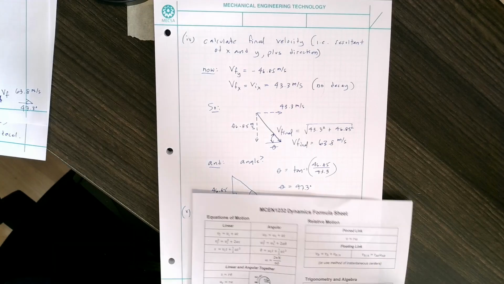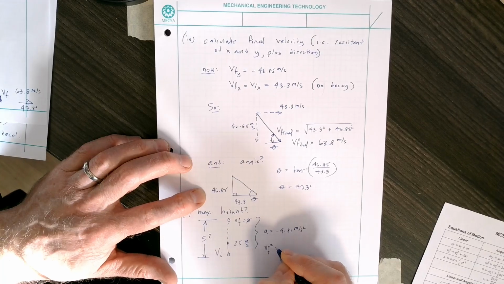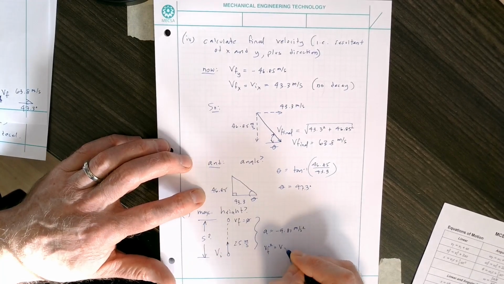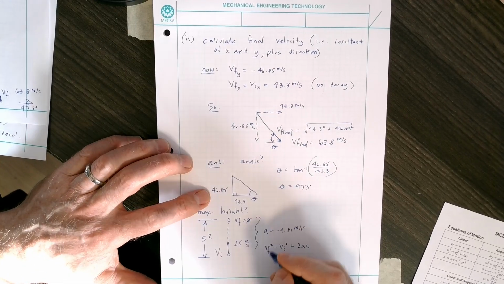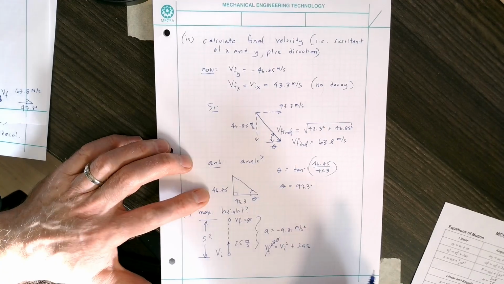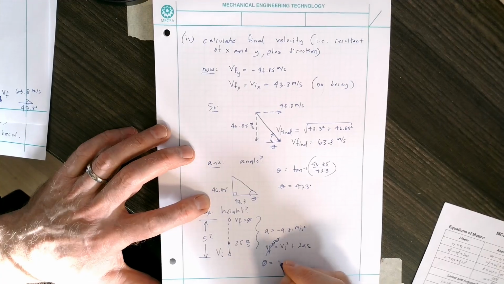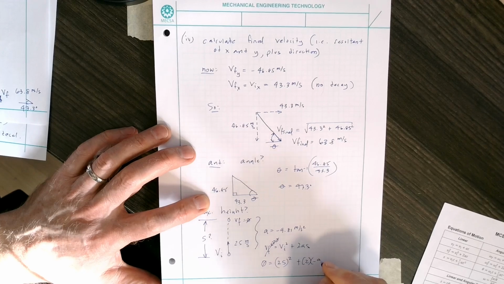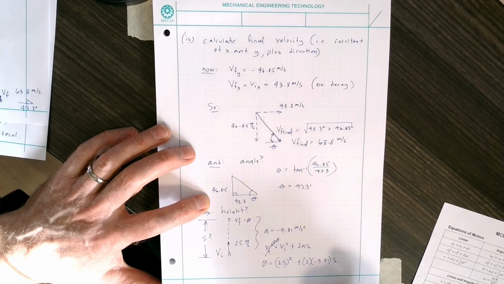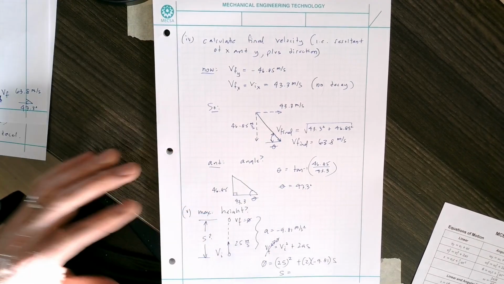But that one will. So v final squared equals v initial squared plus 2as. Well, that's 0. The final's 0. It stops and reverses. So it's 0 equals 25 squared plus 2 times negative 9.81 times s. S equals, and that is your maximum height. Now it's going to be from the top of the building.